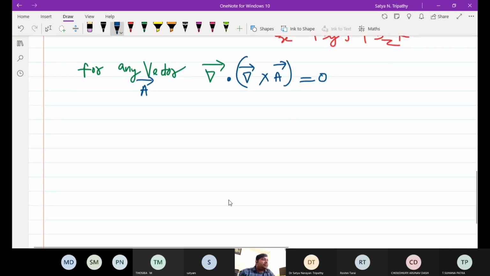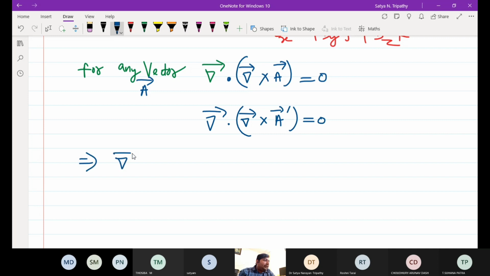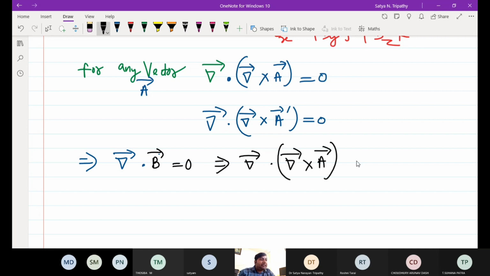So I can also write del dot curl of A dash, this is also 0. What does this mean? If I write del dot B, del dot B is equal to 0, that implies del dot del cross any vector is basically 0.